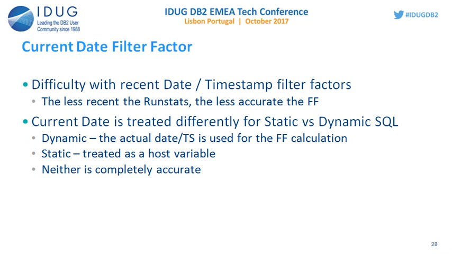Neither one's completely accurate. Again, if your run stats was a week ago or a month ago, then using the current date, your filter factor is going to be too low. If it's a host variable, DB2 assumes an average value, so there's a good chance your filter factor will be too high. So again, these are tricky and things to watch out for.